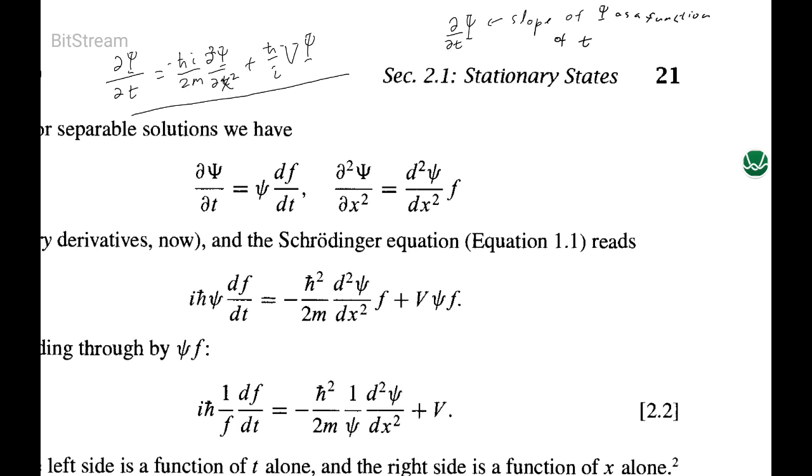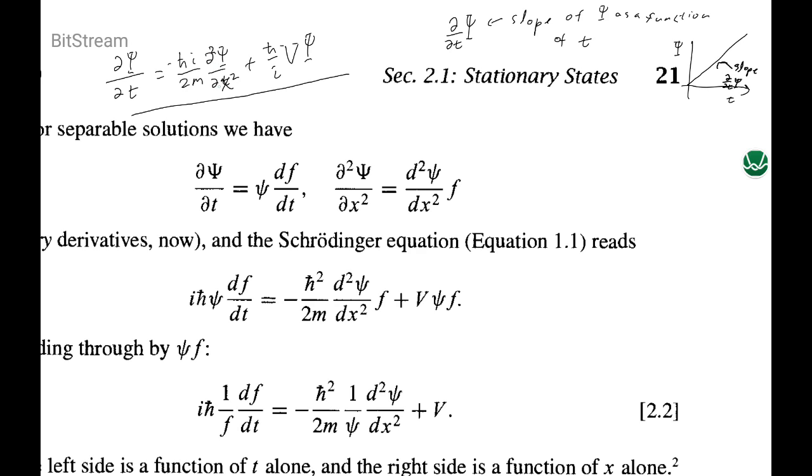That's what this means. So if psi in t, let's say, is a straight line, then del psi del t would just be the slope of that line. It would just be a number. Now our wave function is going to be a different shape, but it's still going to be the slope of that shape.